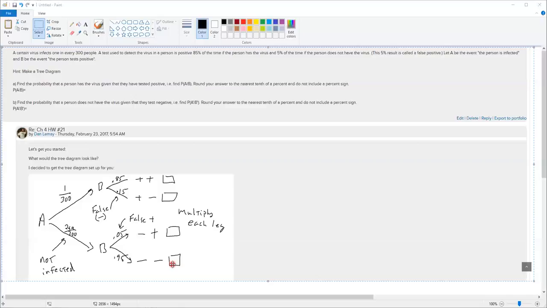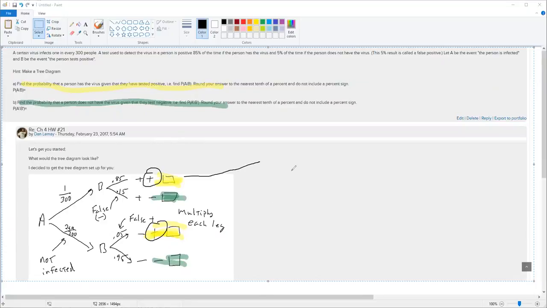So then find the probability that a person has the virus given that they've tested positive. So what I did is, that they tested positive given that they actually were positive. That's these two results where the test said yes, this is a positive test result, and this was a positive test result, but the person was actually negative down here.